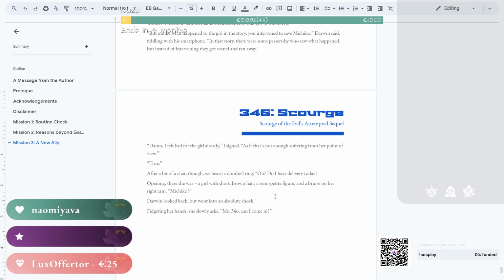Opening, there she was, a girl with short brown hair, semi-petite figure, and a bruise on her right arm. Well, short brown hair, semi-petite figure literally meant that we're talking about Maiko Kutsu in chapter 2. But nevertheless, it's just the other thing that I just did. So anyway, let's keep on writing, I guess.